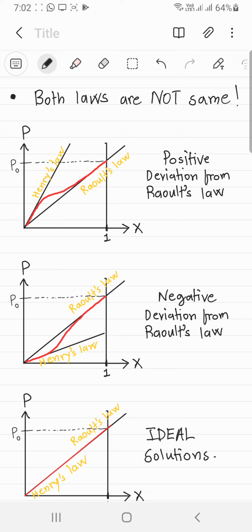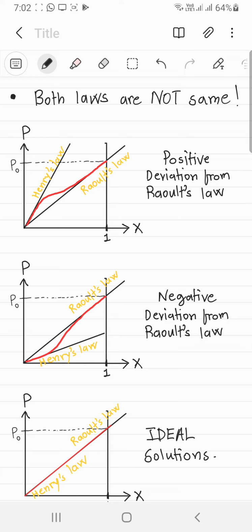No, instead the gas is dissolving into the solution. So you can take the solution to be dilute, and that's when we apply Henry's law. When the mole fraction of the solute is very small, Henry's law applies. As this mole fraction becomes bigger, we start to get deviation from Henry's law, and then we somehow go to Raoult's law.